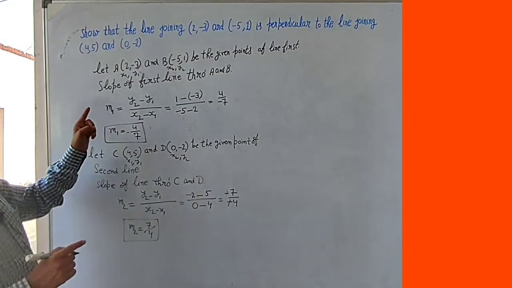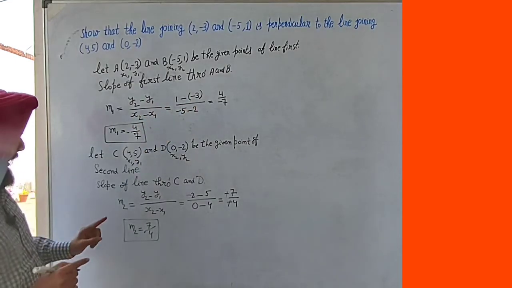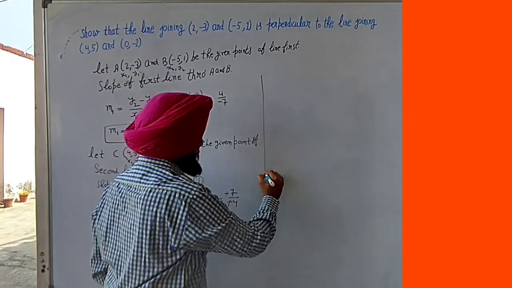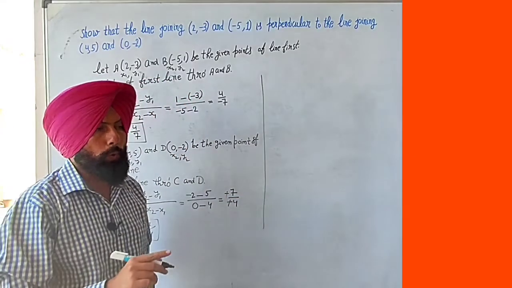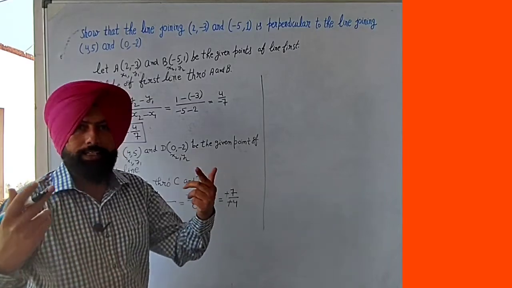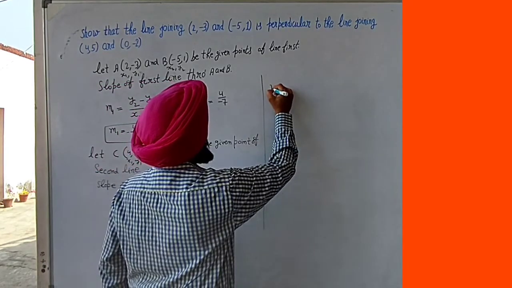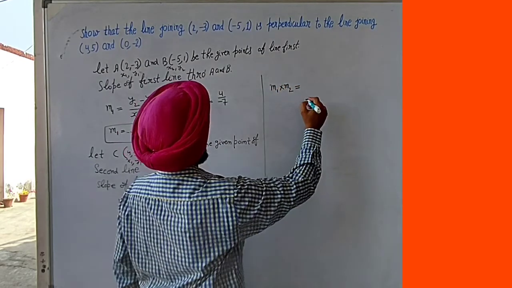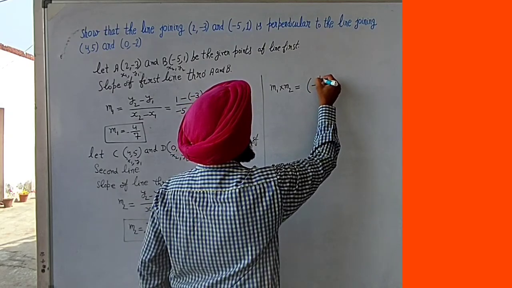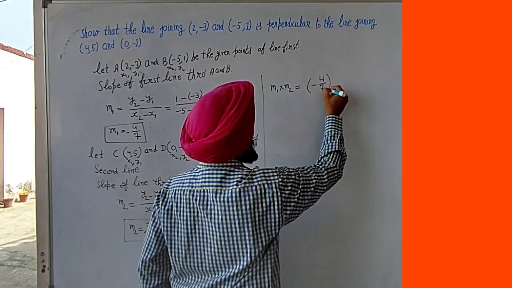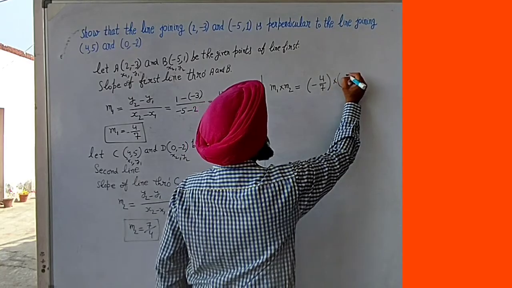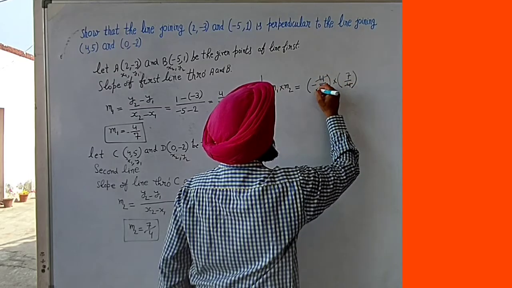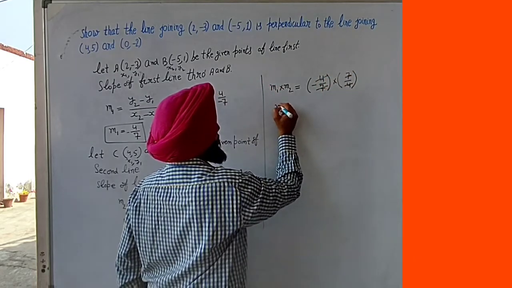Now we have two slopes. M1 is 4 over minus 7 and M2 is 7 over 4. Now we are multiplying these two slopes and checking what the result will be. M1 multiplied by M2 equals minus 4 over 7 into 7 over 4. 4 cancels with 4, 7 cancels with 7.